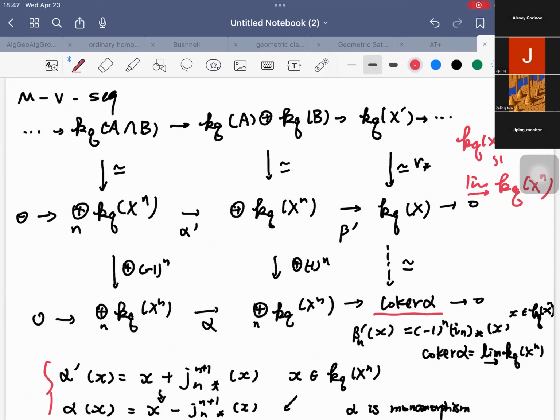We didn't really use the skeleton, but we wanted to prove something about the skeleton and the limit. So let's see how this helps.